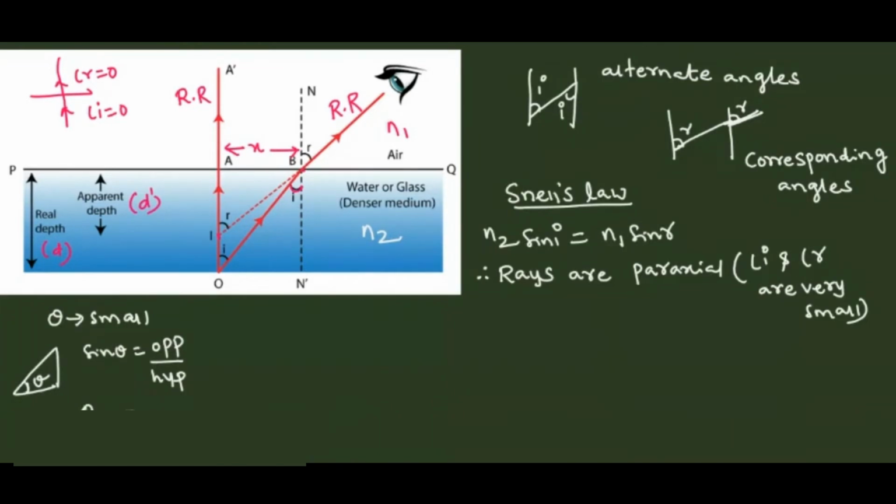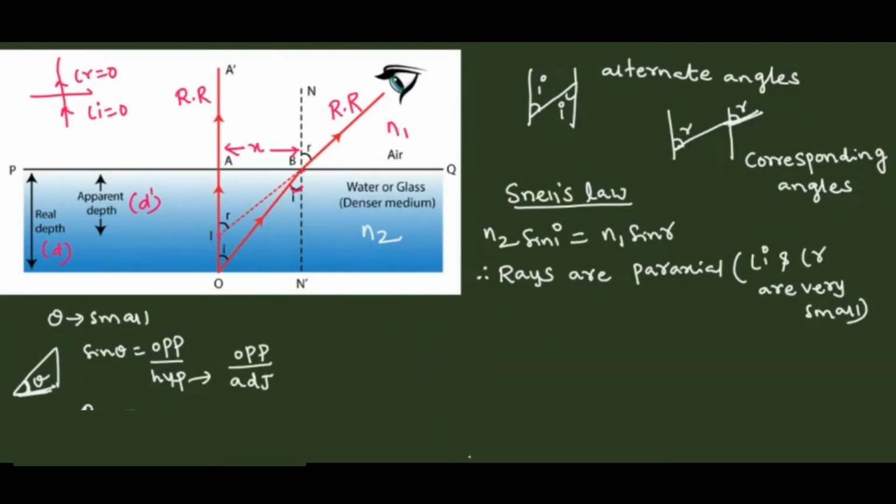If theta is nearly equal to 0, then the hypotenuse is making an angle with the adjacent, or not. If theta is nearly 0, the hypotenuse is nearly equal to the adjacent, or not. So in place of hypotenuse, we can write adjacent, because those two are equal.